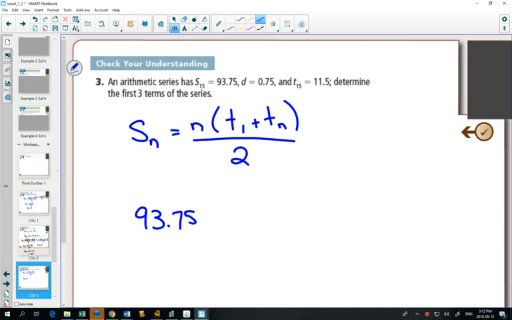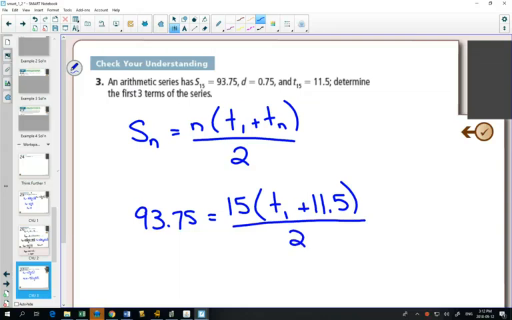If it's S15, then what's N? 15. Do I know what term 1 is? No. So that's one thing I don't know. Do I know term 15 though? Yes. Term 15 is 11.5, all divided by 2. I plug something into one of the formulas and I have only one thing that I don't know.